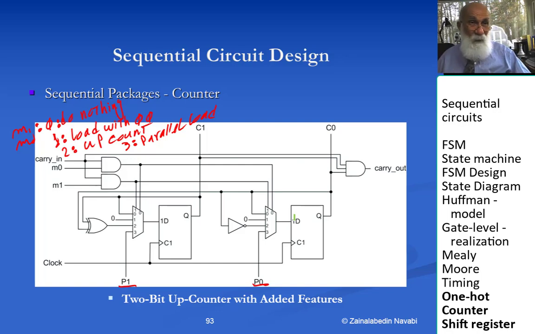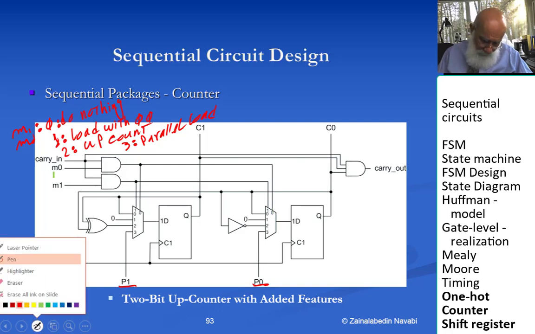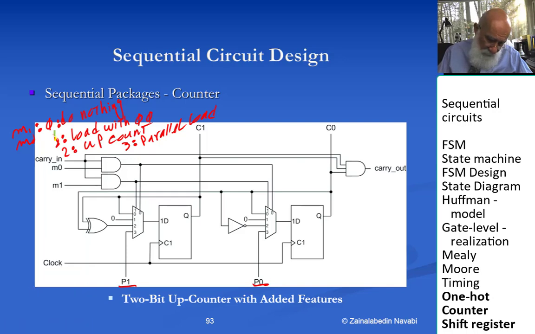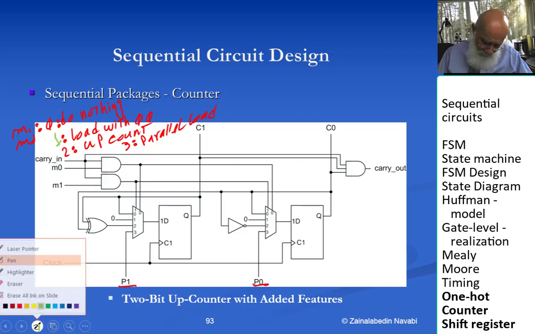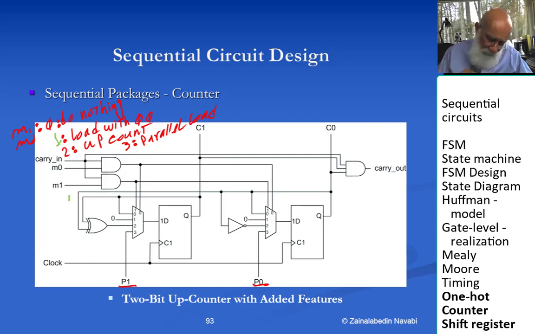Well, what do I need? I need a multiplexer that can select one of these 4 inputs. For 0, 0, I'm gonna do colors again.